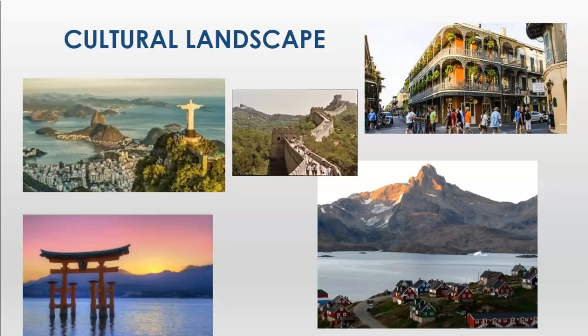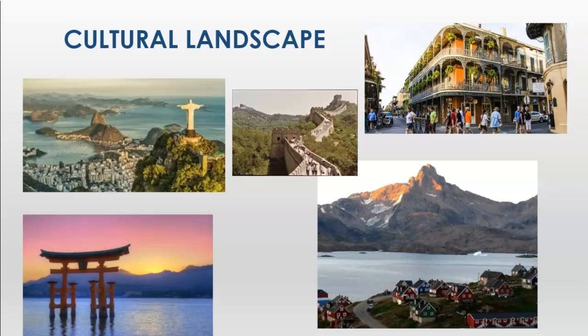It's the way humans have changed the environment, right? How they've added to it, changed it, adapted to it to survive, right? And so anything we see in the world that is built, right, that is what we now call the cultural landscape. And you can look across the globe for very unique examples of the cultural landscape, right?